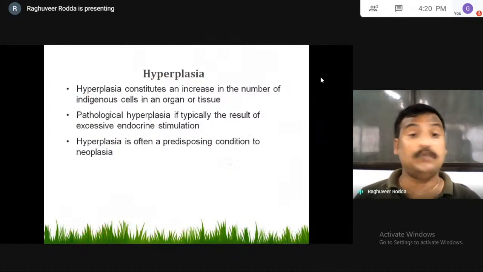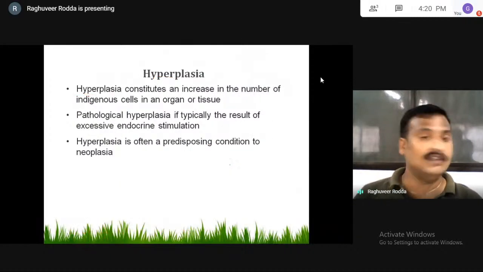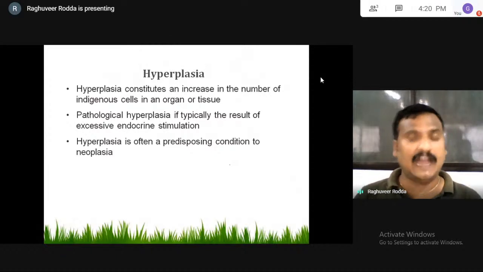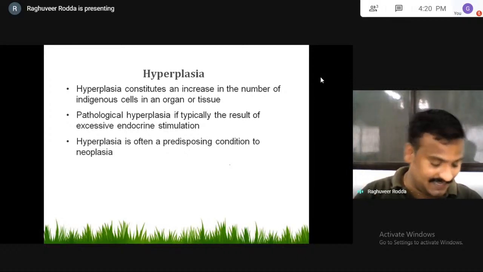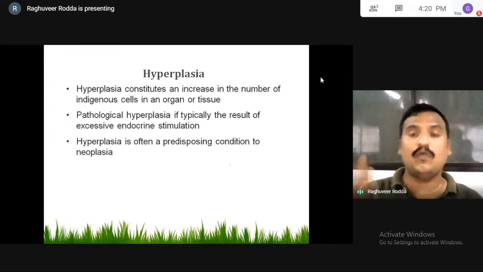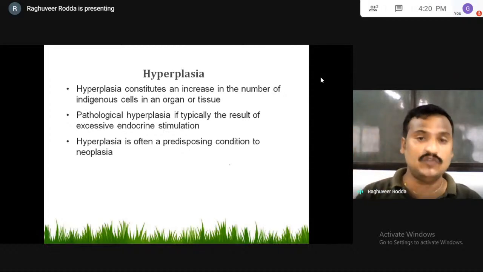And next is hyperplasia. This is very important. Hyperplasia is the condition where the number of indigenous cells is increased in one particular tissue.